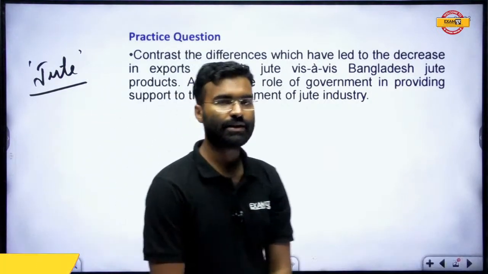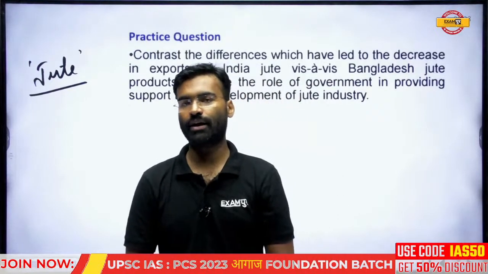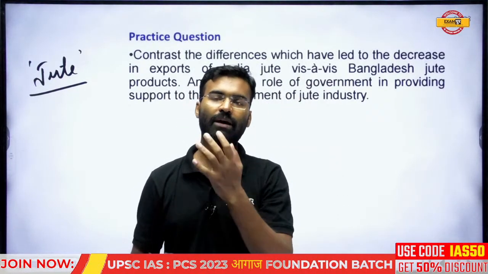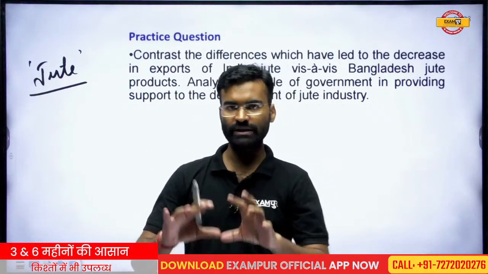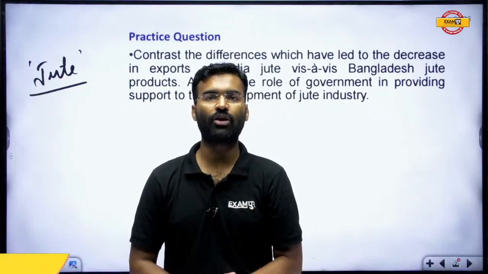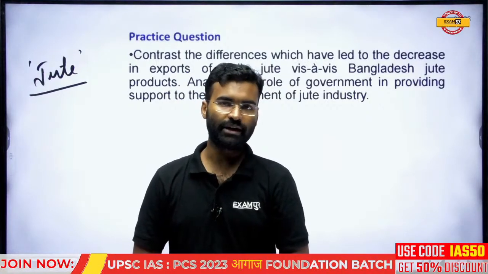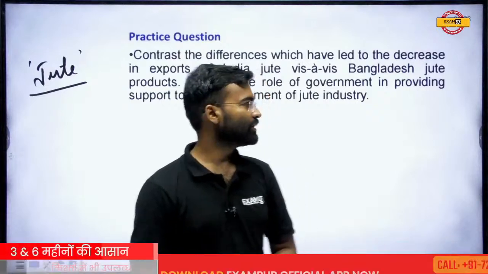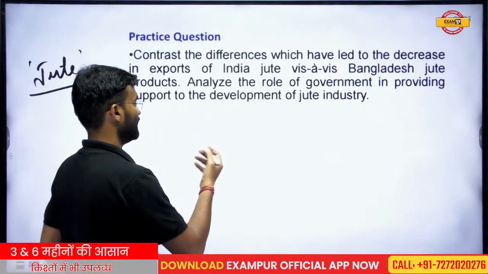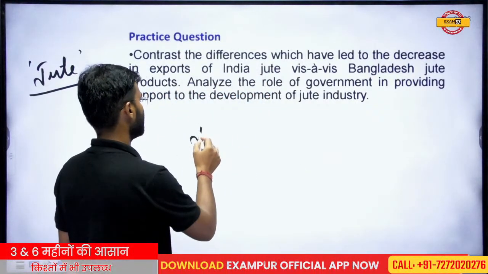As you know, the earlier Bengal region, in which Bangladesh and present West Bengal were together, was collectively known as the Bengal region. During the British time period, before the partition, this region was the world's most jute producing region.